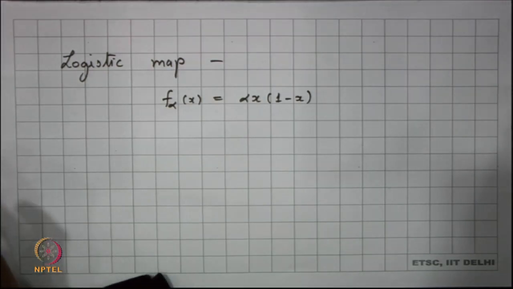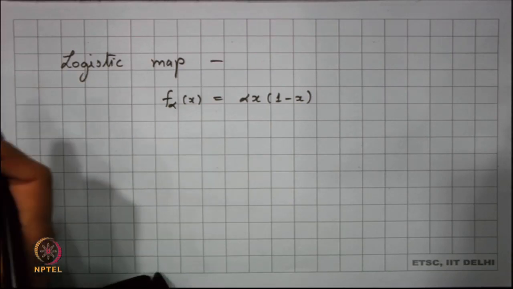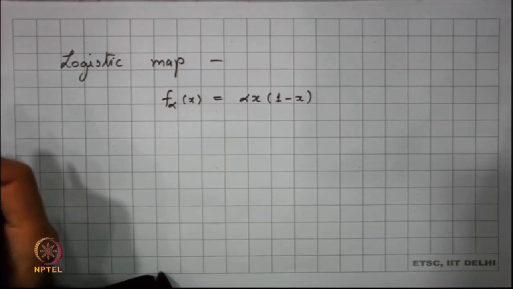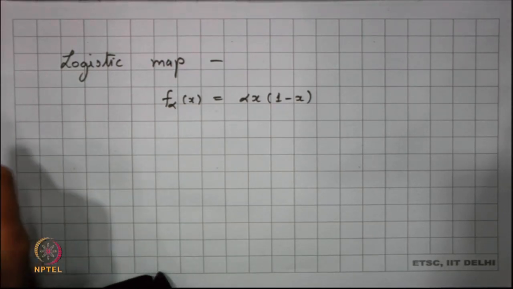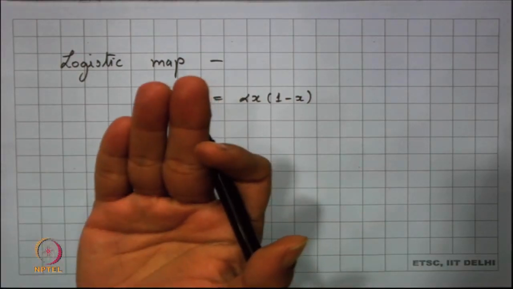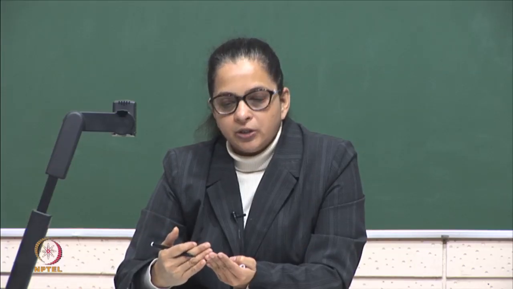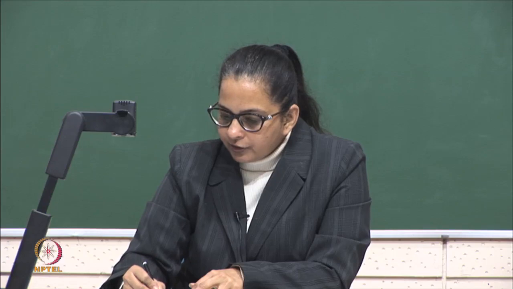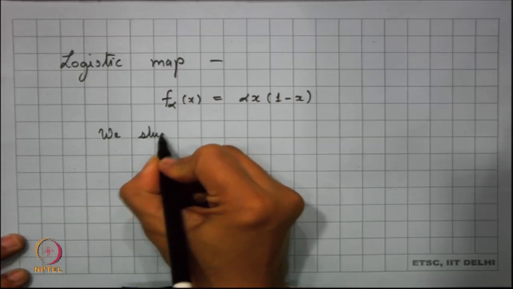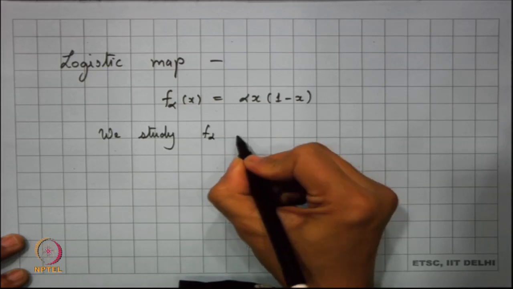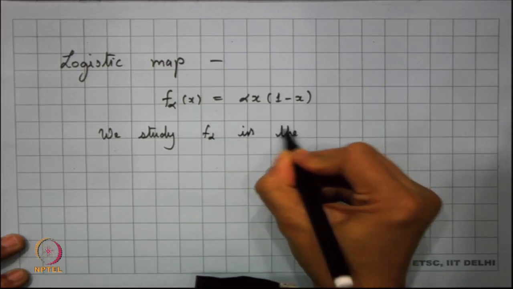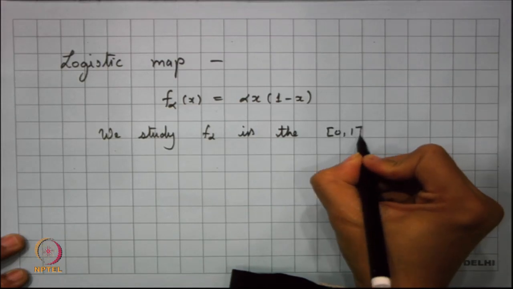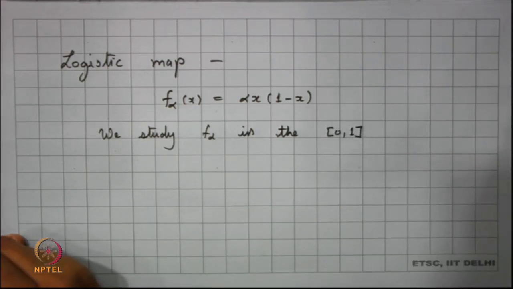Now, we are trying to study population, and we can't study population if there is no species, then nothing can exist. So we are normalizing it: the maximum possible population is 1 and the minimum possible population is 0. So, we study this logistic map f alpha in the interval 0 to 1.